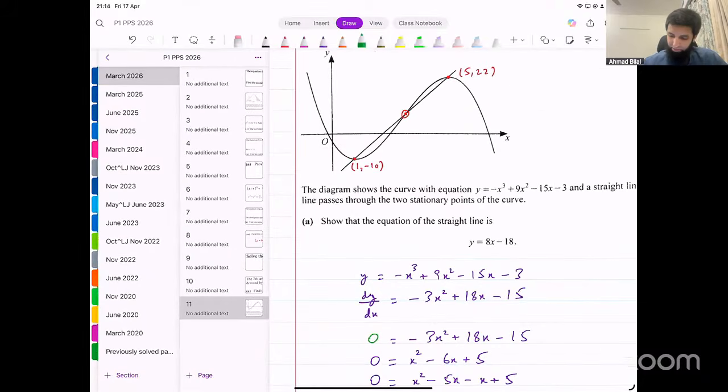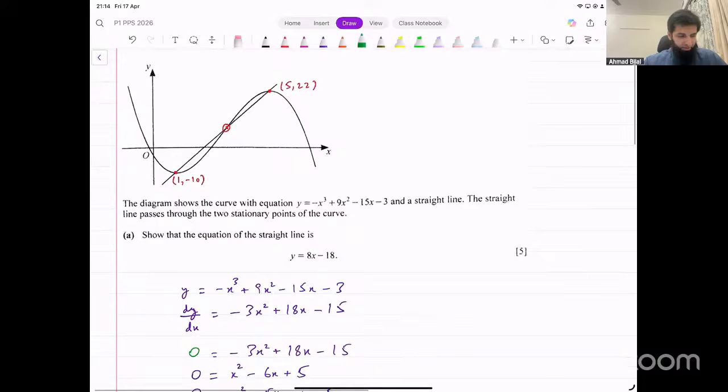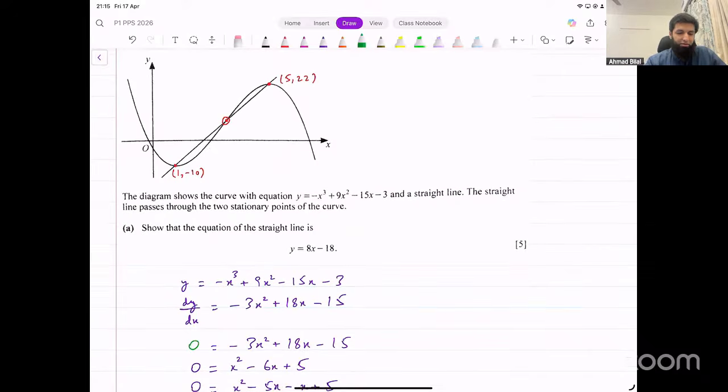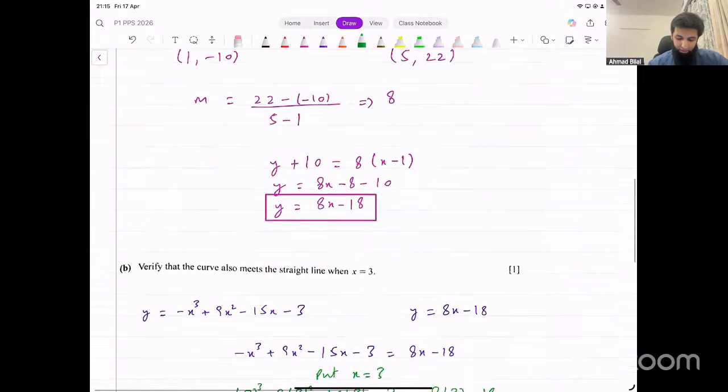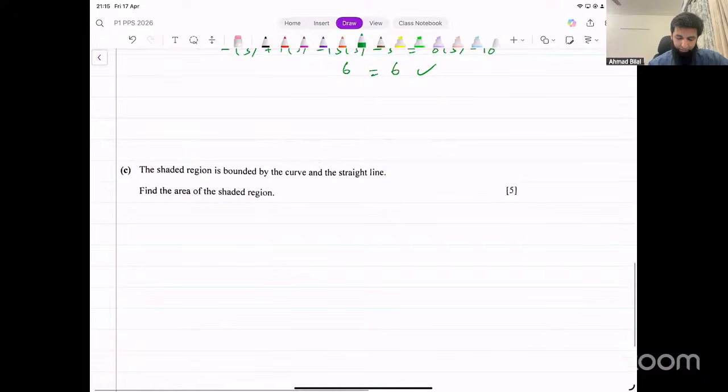I think I actually processed this PDF. Let me look at the original one that I got. Maybe that has it visible. Okay, it's not really visible in the original one as well, but what they're saying is the area between the line and the curve.